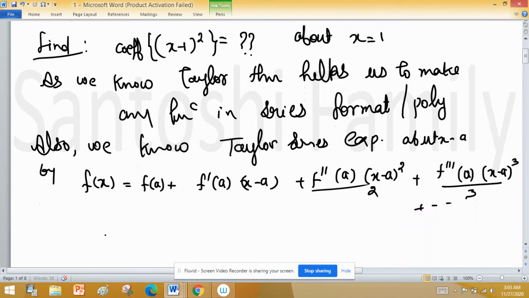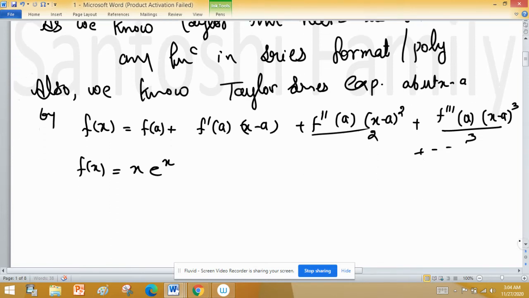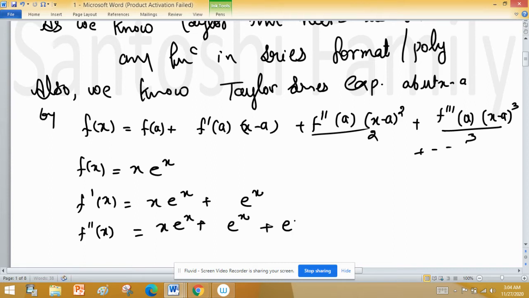Here f(x) equal to x e raised to the power x. So its first derivative, second derivative and triple derivative are as follows. f dash x equal to x e raised to the power x plus e raised to the power x. f double dash x equal to x e raised to the power x plus e raised to the power x plus e raised to the power x.